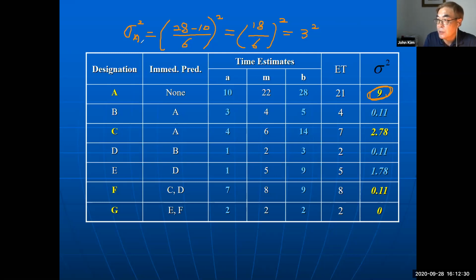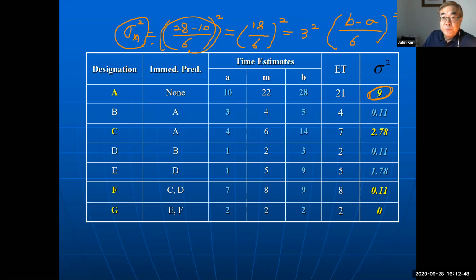So using this formula, B minus A divided by 6 and squared, we can get variance.